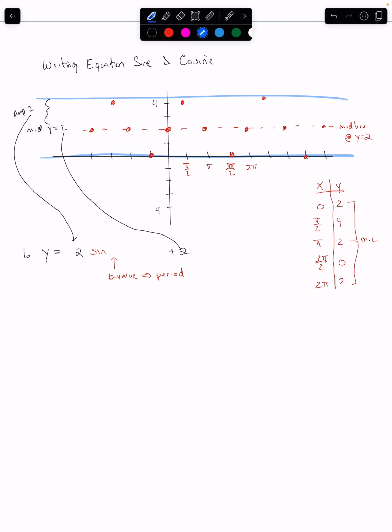Okay, so if I consider a period here, my sine curve starts at 0, and it completes one cycle from 0 to 2 pi. So in this case, the period is equal to 2 pi, and we know from our formula that the period is equal to 2 pi over b. Well in this case, 2 pi over 2 pi, and your b value is equal to 1.